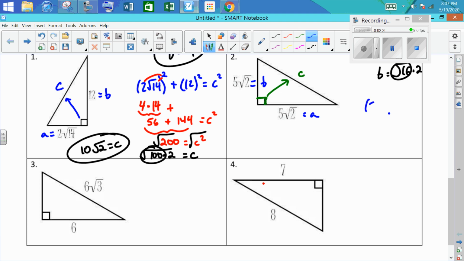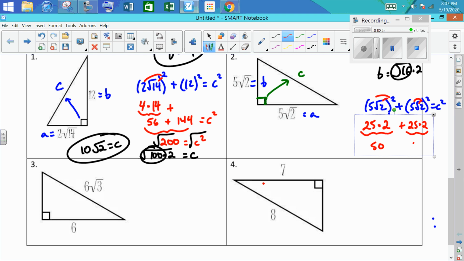So, A squared plus B squared equals C squared. Again, distribute that power. 5 squared is 25. Square root of 2 squared: the square gets rid of the square root to get just 2. That gives you 50. Same thing here, so 25 times 2.